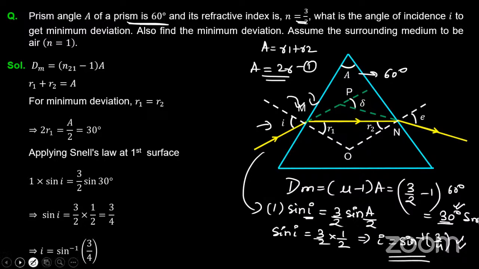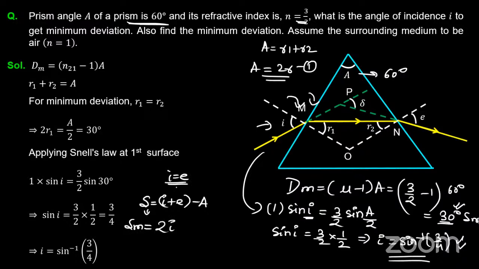There's one trick here. We know angle of deviation is I plus E minus A. For minimum deviation, I must be equal to E. So I'll put here 2I minus A. Minimum angle of deviation, I know it's 30 degree.